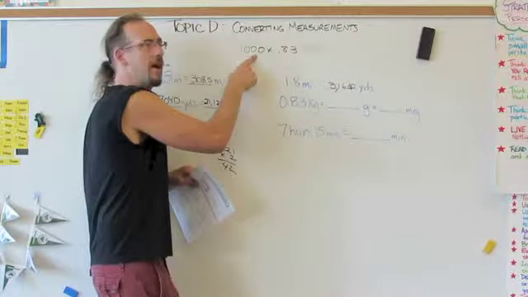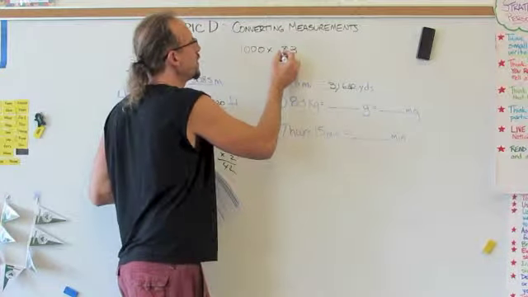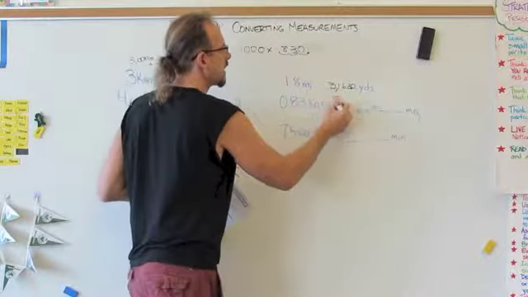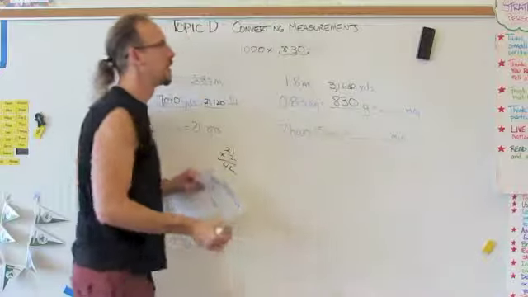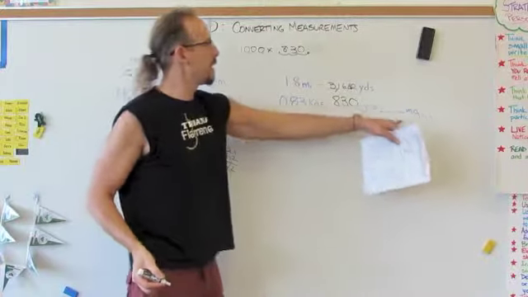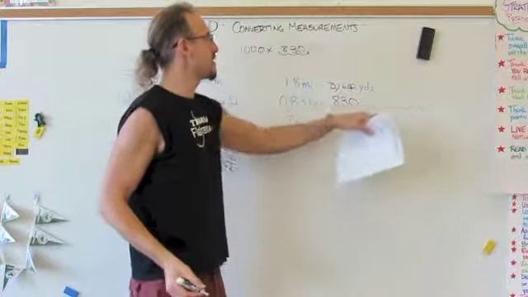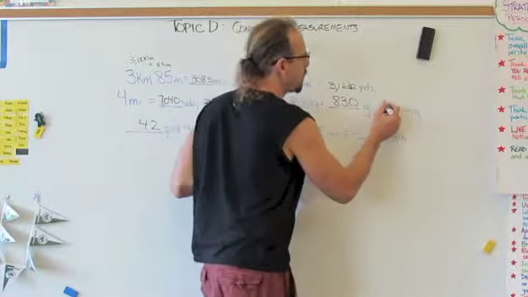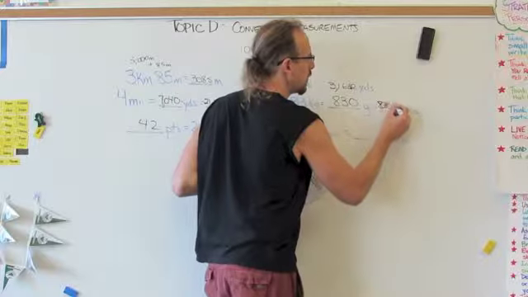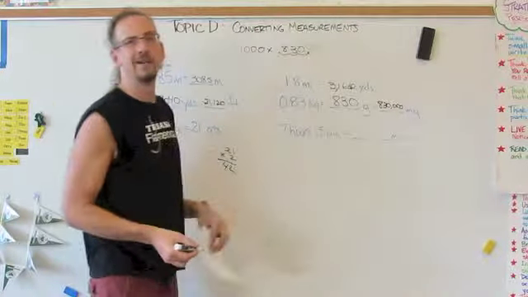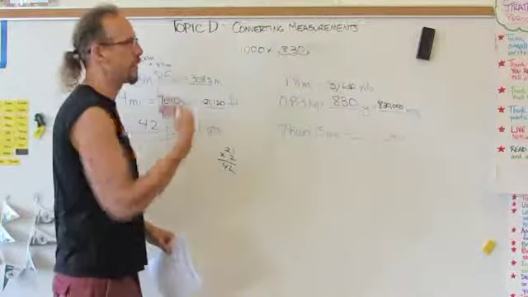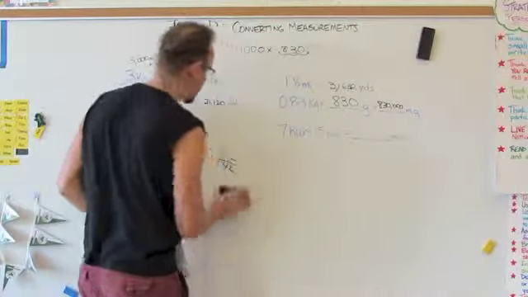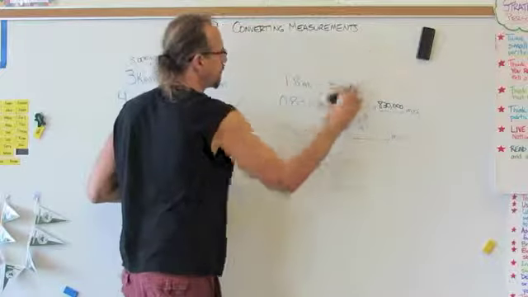And when we multiply by 1,000, that simply is moving the decimal 3 places, and I can get 830 grams. Now I want to know how many milligrams that is. And since there's 1,000 milligrams in a gram, I have to move that 3 more places, but I can do that in my head without having to write a multiplication sentence because of the beauty of the metric system. We can just use our place value chart for that.